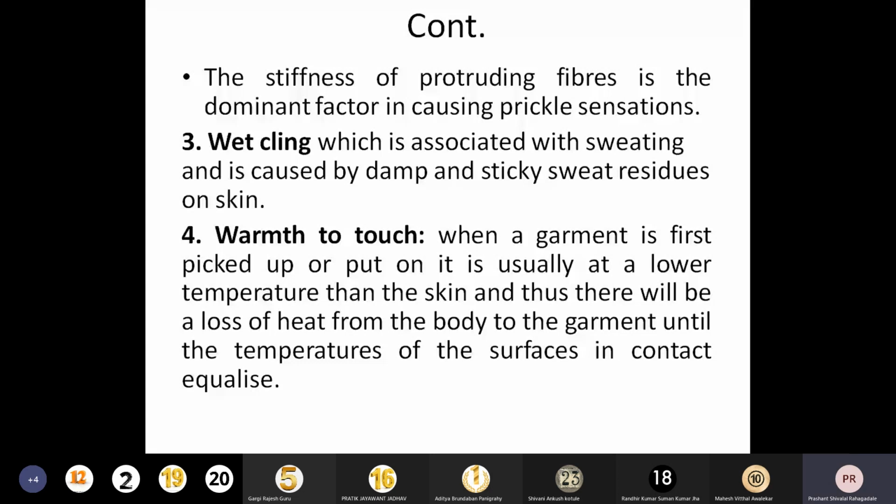You will not feel comfortable. So that is called wet cling, which is associated with sweating, and it is caused by the damp and sticky sweat residue on your skin.